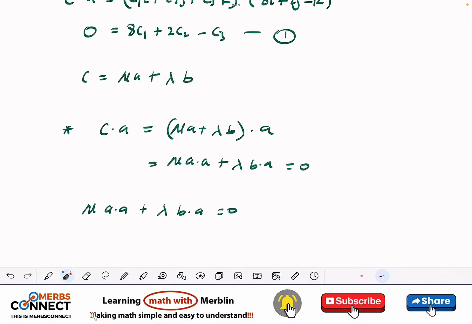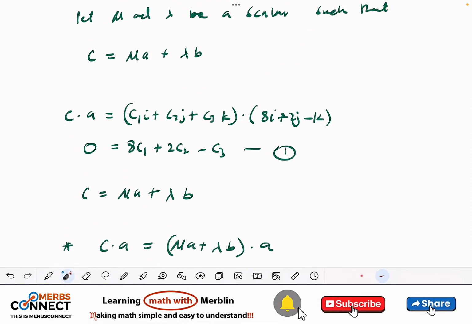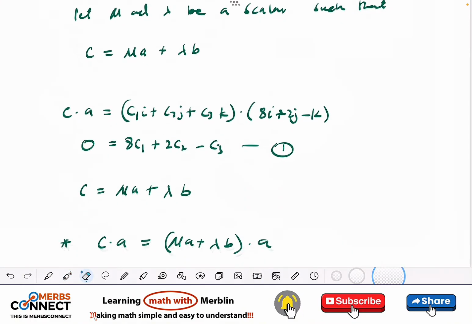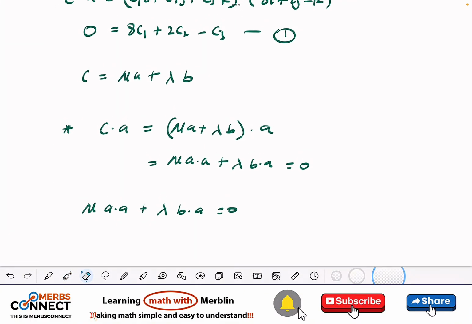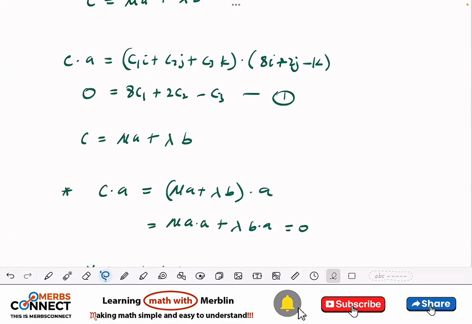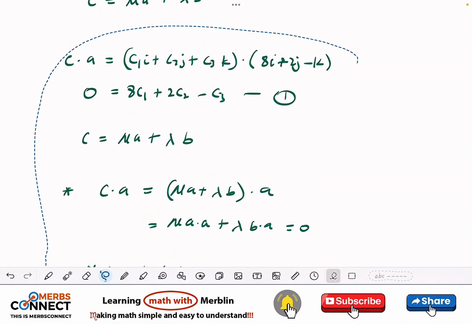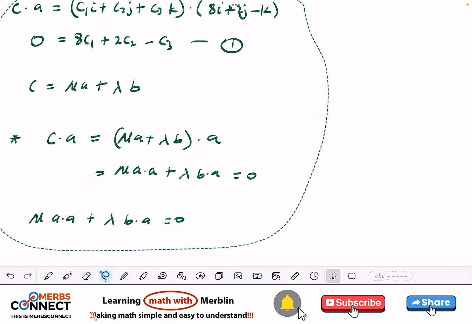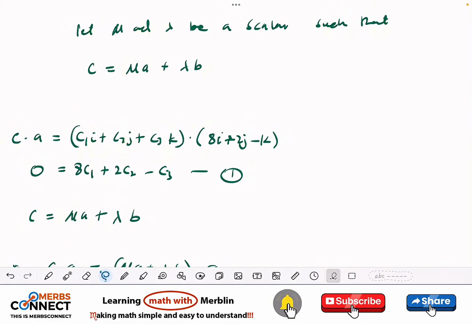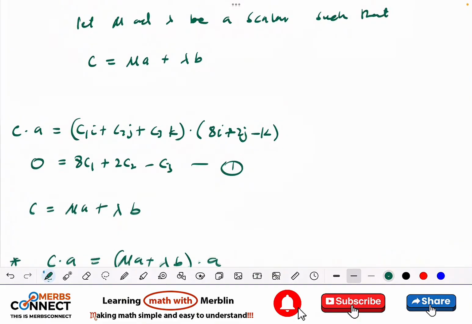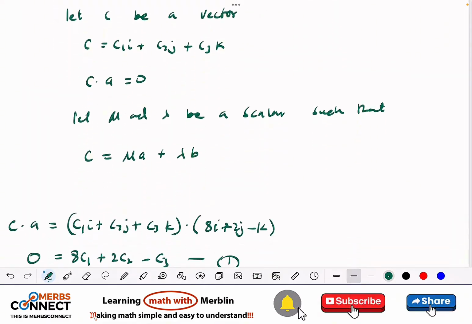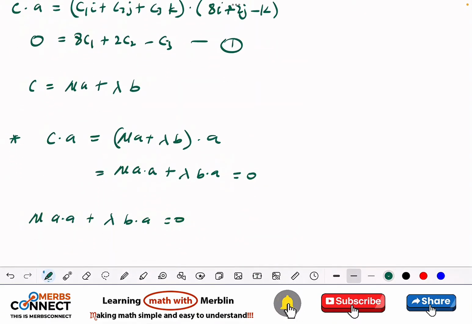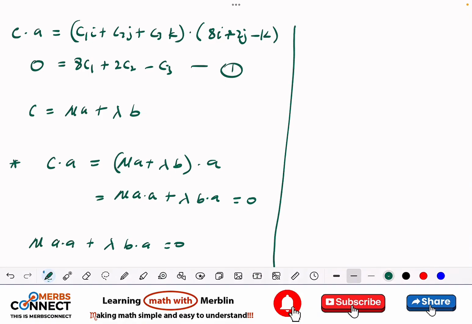So let's go and look for A dot B and B dot A. Good.